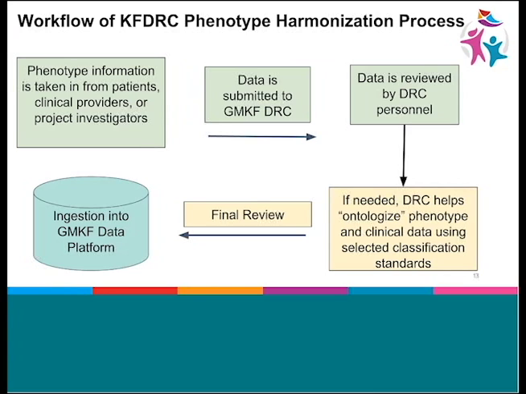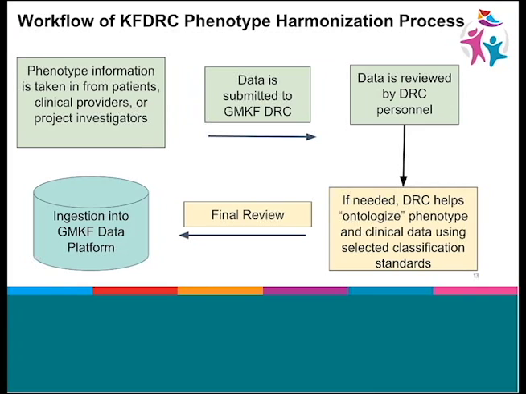So the workflow of how we work: phenotypic information is taken from the source, and then the data is submitted in whatever form, usually the minimal phenotype sheet and any additional data, and we review the data. This can be an iterative process. We can go through and help ontologize the phenotype and clinical data using the selected classification standards, and we can go back and forth with the investigators at this stage.